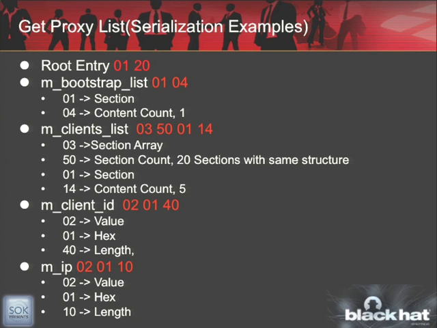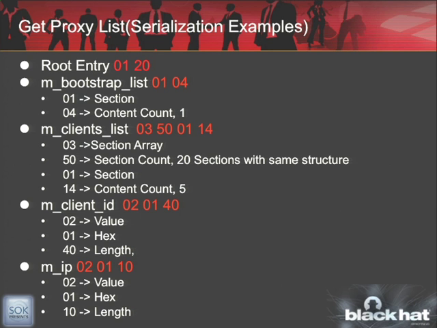The 20 means there are 8 parts in this entry. So, for example, amp bootstrap list. The first one is 01, 04. That means this entry is a section entry. 04 means in this entry there's another part of the data.